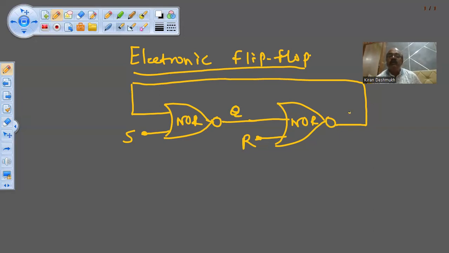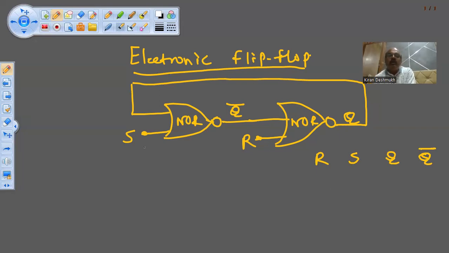Sorry, this is the Q output and this is the Q bar output. Okay. Now let us see. This is R, this is S, this is Q, and this is Q bar.